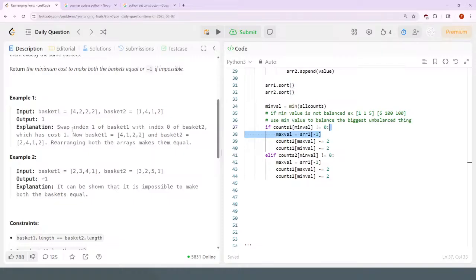But it'd be so much easier if I just dealt with the actual values than the values plus the frequency.